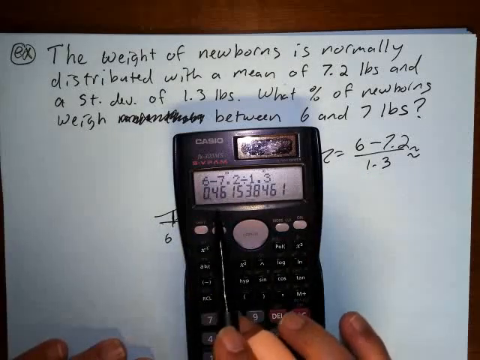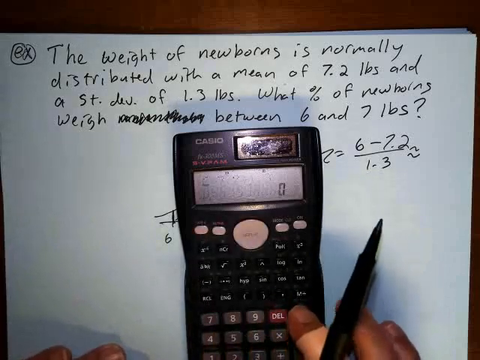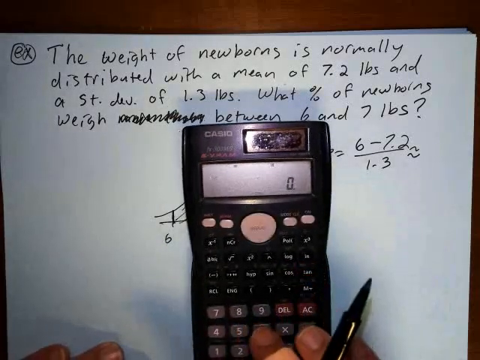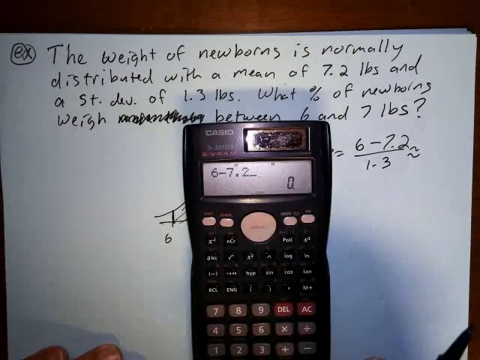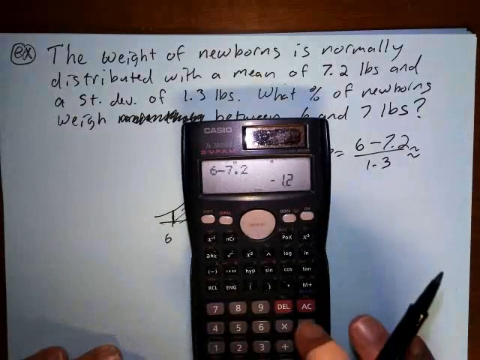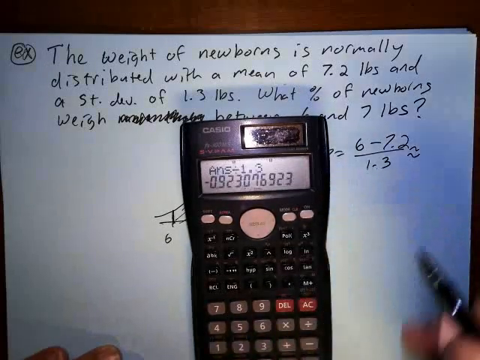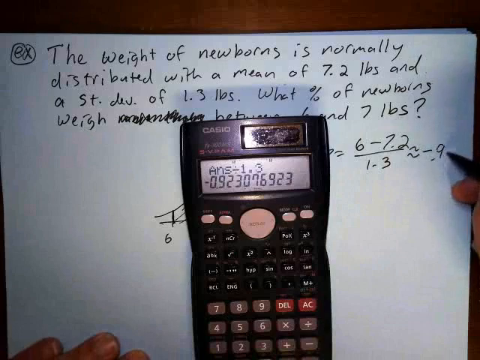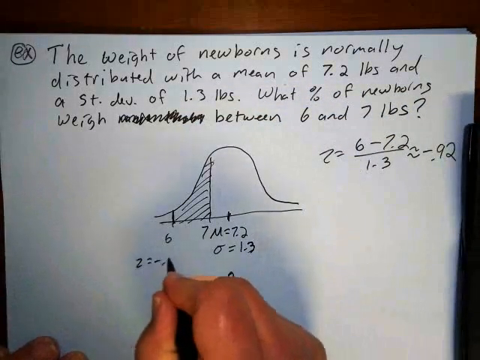So you're going to get a wrong answer. The z-score is not 0.46. What I do is take 6 minus 7.2, hit equals, and then divide that by 1.3. And I see that my z-score is negative 0.92.